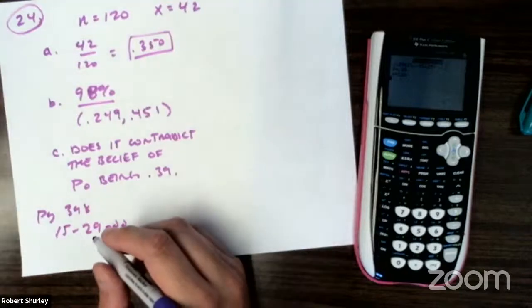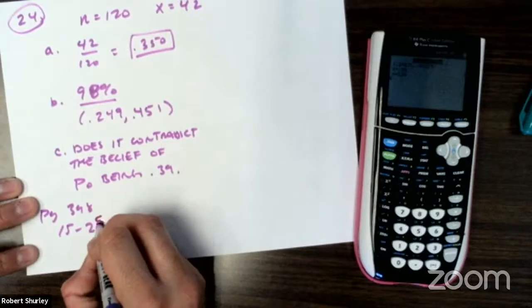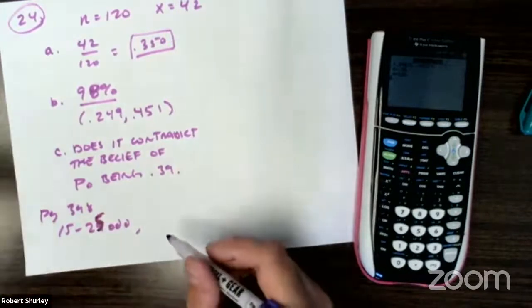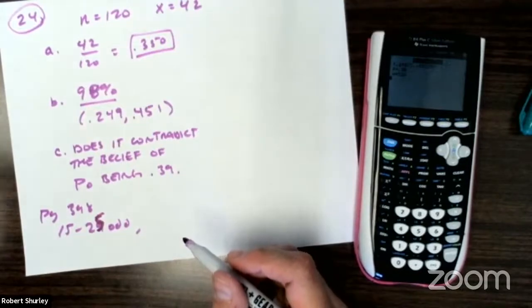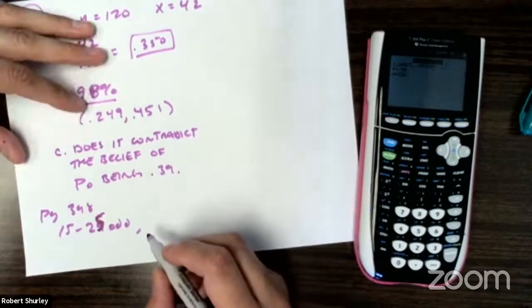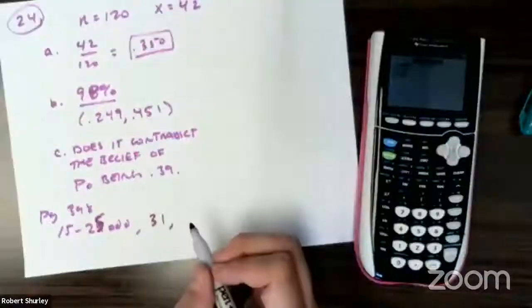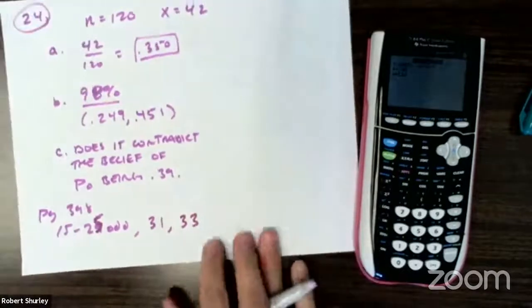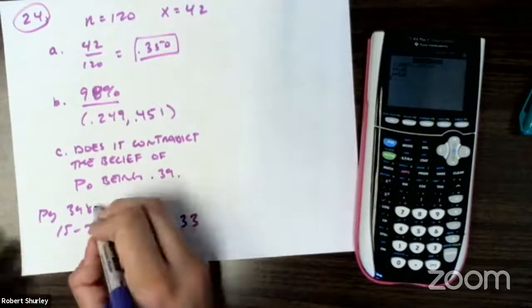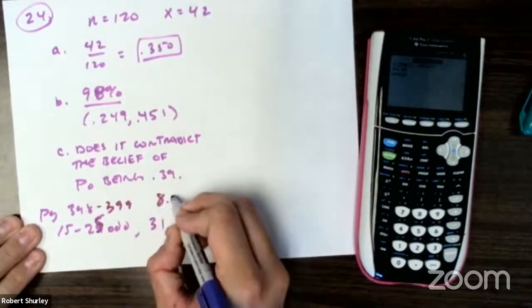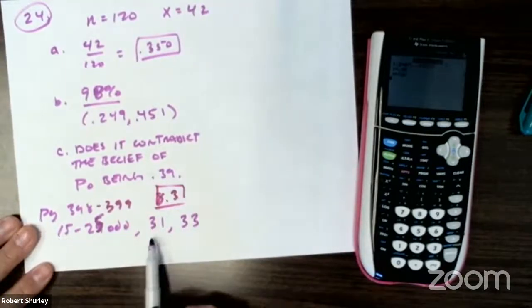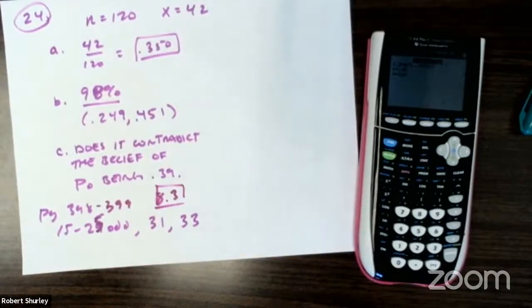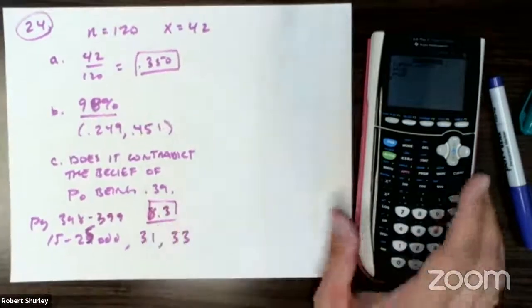So not a lot of homework. And these two sections are pretty similar. It's just different buttons you press in the calculator.